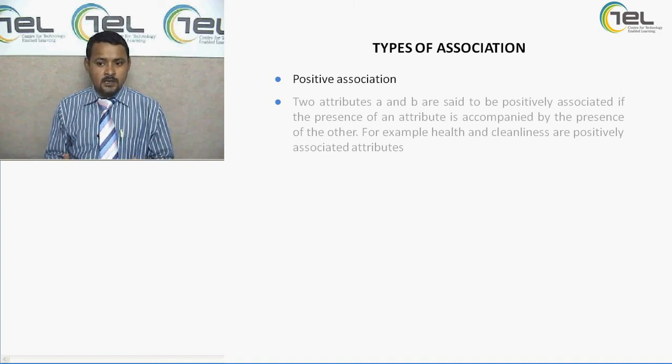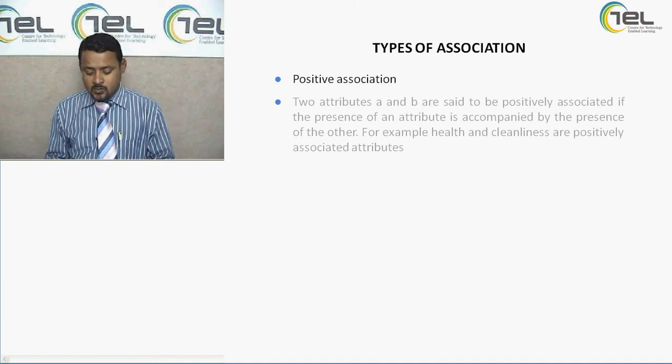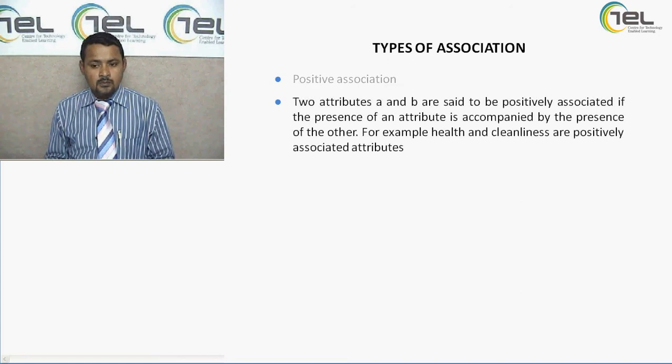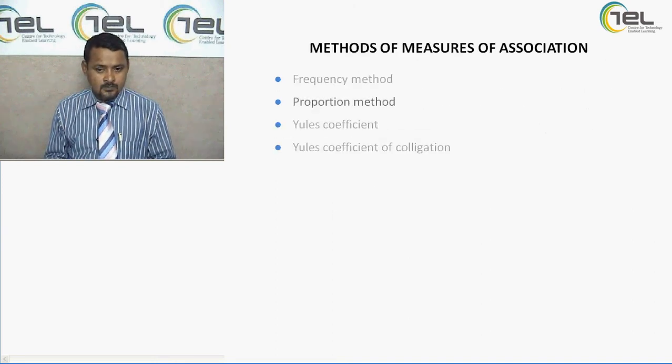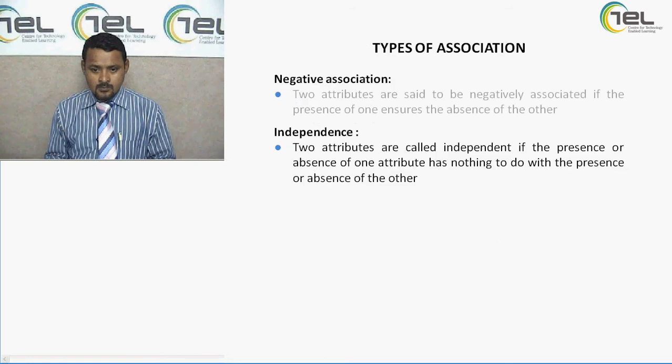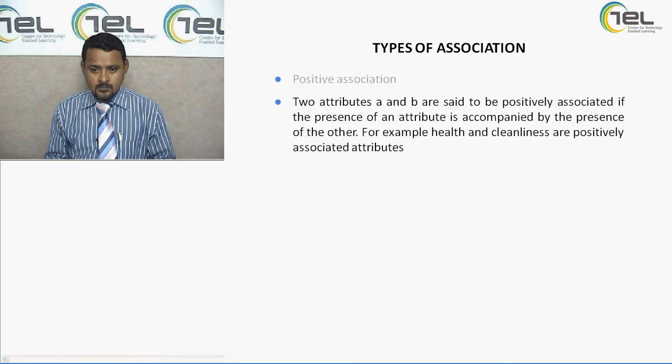There are various types of associations, one of them being the positive association. Two attributes or variables A and B are said to be positively associated if the presence of an attribute is accompanied by presence of the other. For example, health and cleanliness are positively associated attributes.